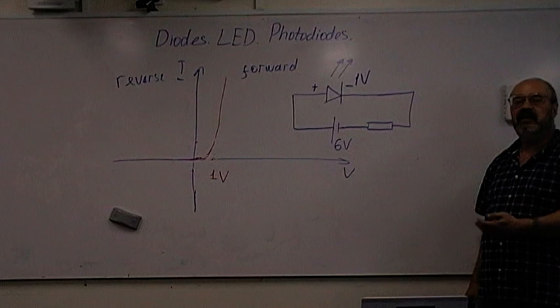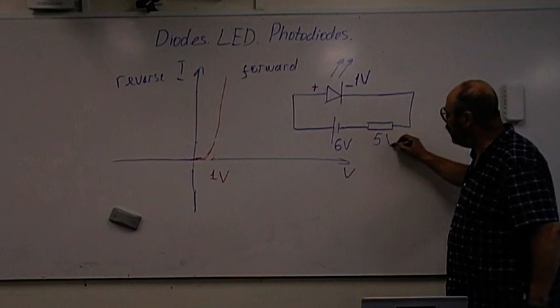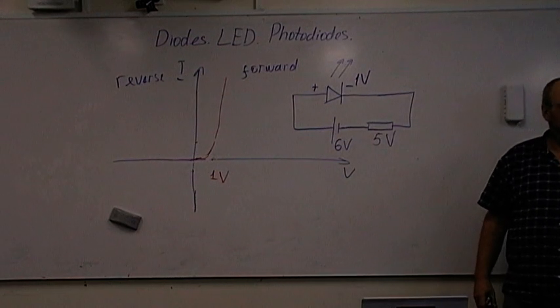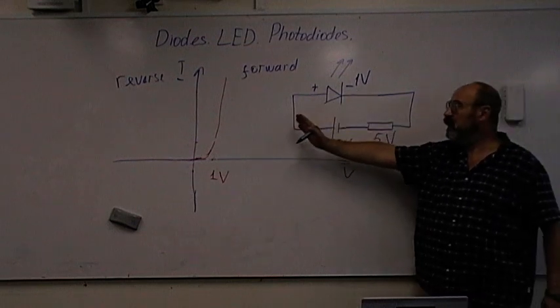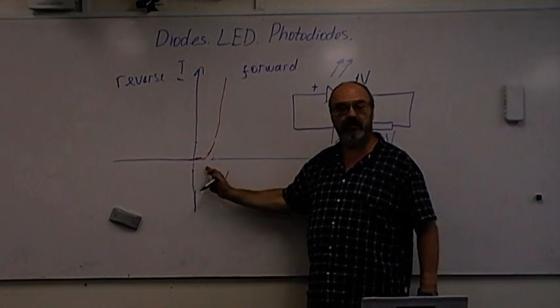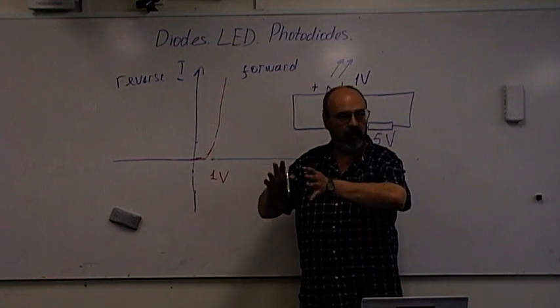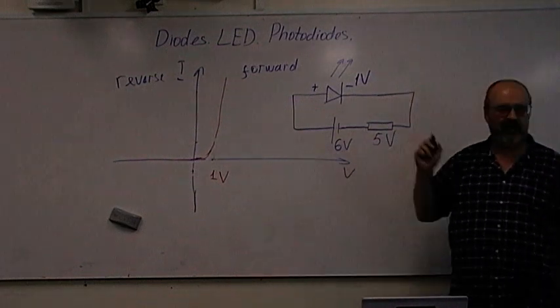What's left? 5 volts. It does not matter whatever resistor you put here, the voltage there will be 5 volts, because the 1 volt across the diode is determined by the diode. As soon as it is made, it has its own opening voltage. As soon as it's open, the voltage stays the same.